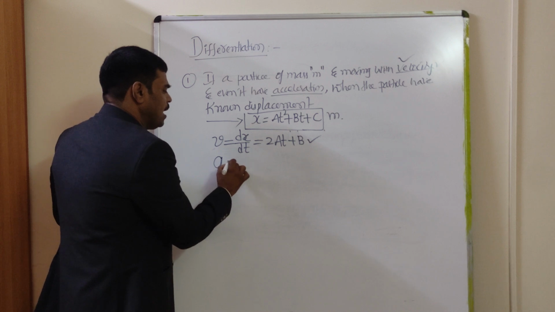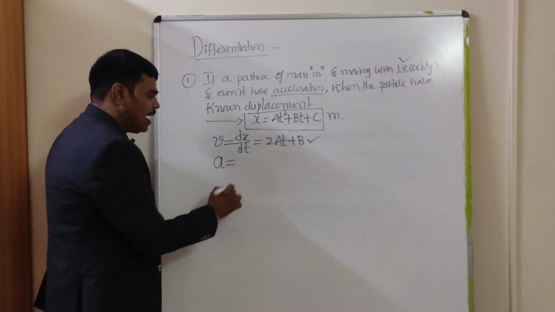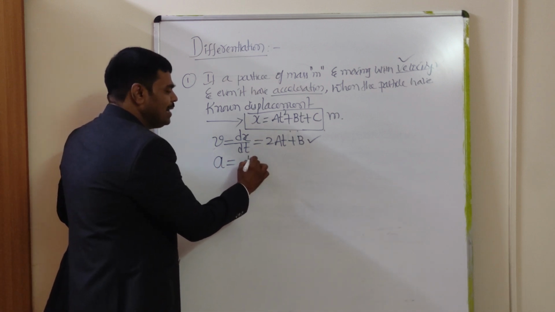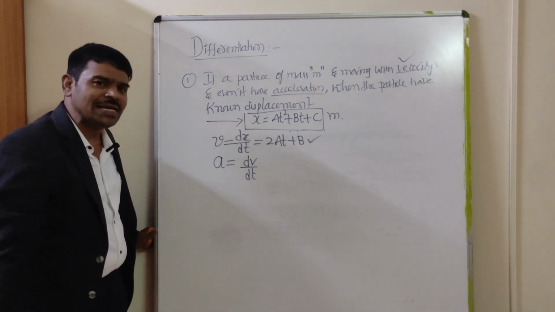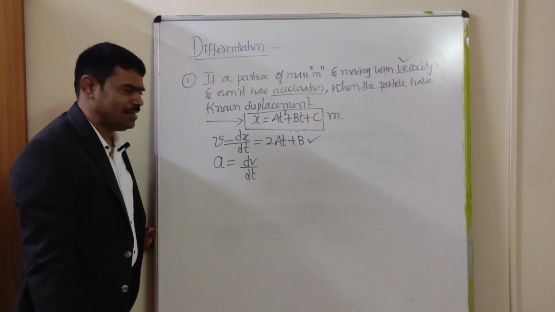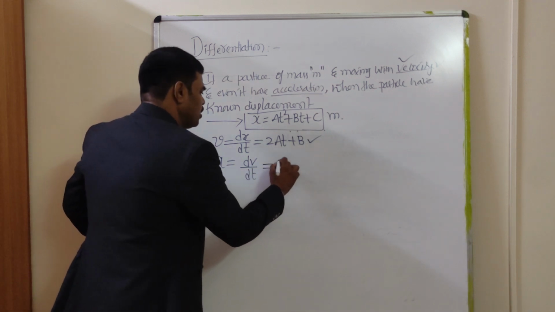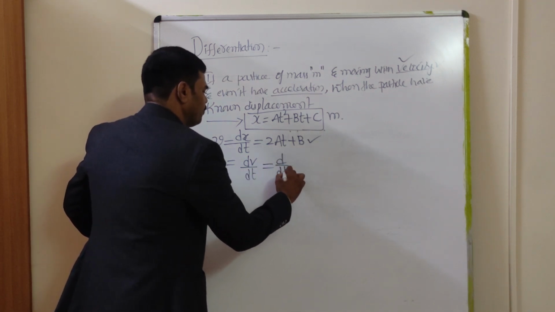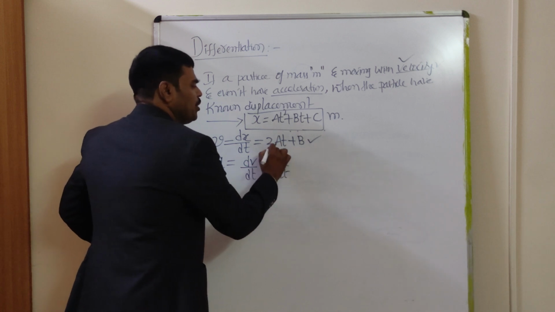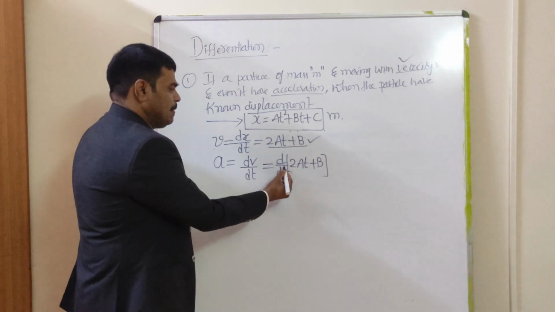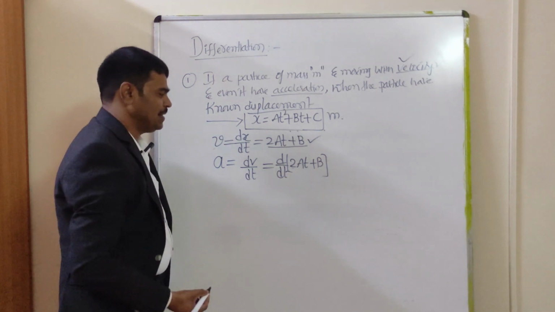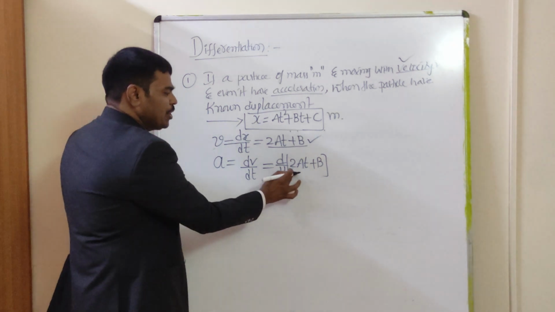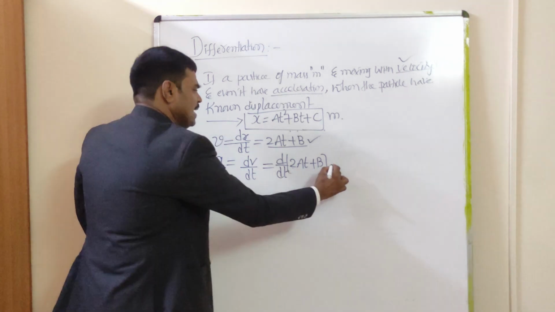How do you find it? With the help of differentiation. Acceleration a equals dv by dt, that is, the rate of change of velocity is called acceleration. Now that equals d by dt of v, which is, already you calculated, d by dt of 2at plus b.